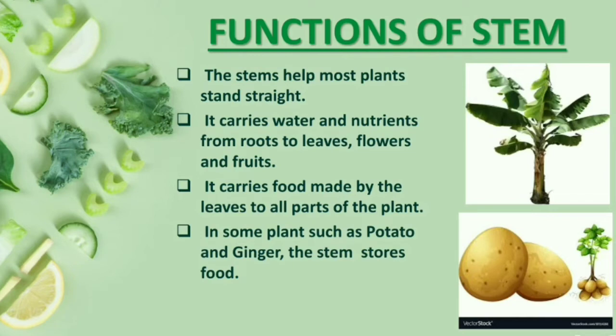In some plants such as potato and ginger, the stem stores food, and we eat these stems as food. Just like in roots we have seen carrot, radish, turnip, where the food is stored in the root and we eat the root as vegetables. Similarly here also in potato and ginger the food is stored in stem, and we eat the stem of this plant.